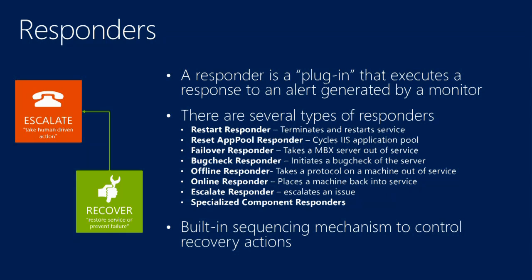Perhaps not, but either way, we've already dealt with the problem by failing over databases to another server at that point. But it's the responders that have this built-in sequenced set of steps that they can invoke for recovery action. If the recovery action is not successful, then the responder will escalate to an administrator by logging events in the event log, basically the 501 error event that says the restart action was unsuccessful and an administrator needs to get involved.